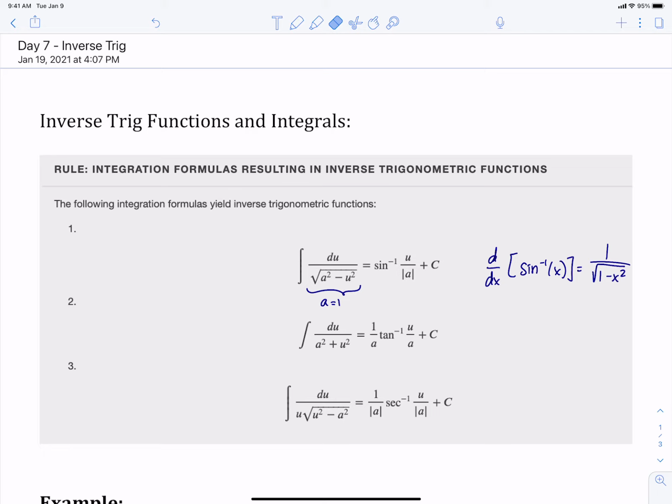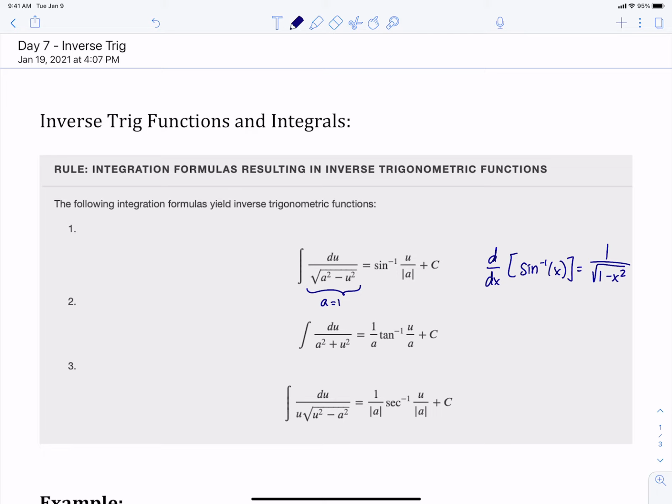The formulas in the book are a little bit more general than the really specific formula we have here, if we just go straight from the derivative and take the antiderivative.